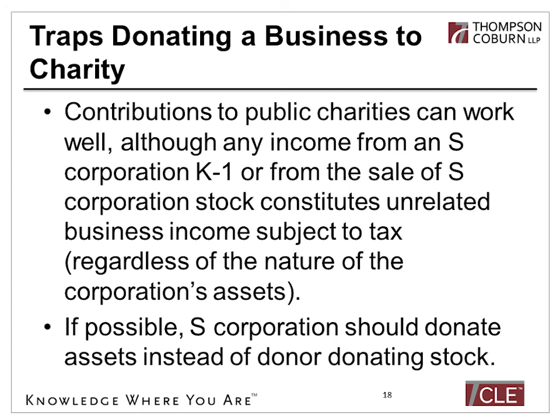Similarly, if the S corporation sold a capital gain asset and had capital gains, and that capital gain would pass through to the charity, then that would be taxed at capital gain rates. Now, the law says that any income that appears on the K-1 from the S corporation is automatically unrelated business income.